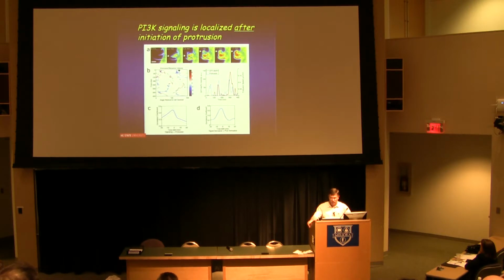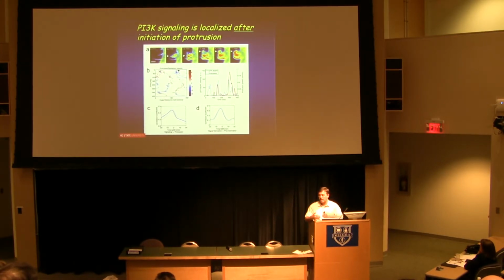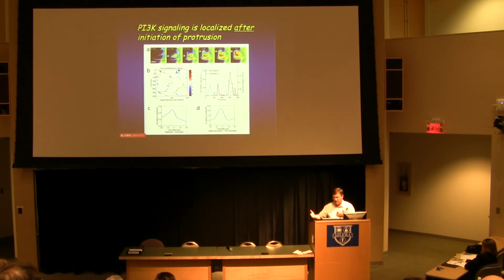So this was averaged over many cells and obviously many time intervals. So it sort of makes sense that you need PI3 kinase after you've initiated a new protrusion. It then stabilizes it and allows it to have a chance of successfully propagating.